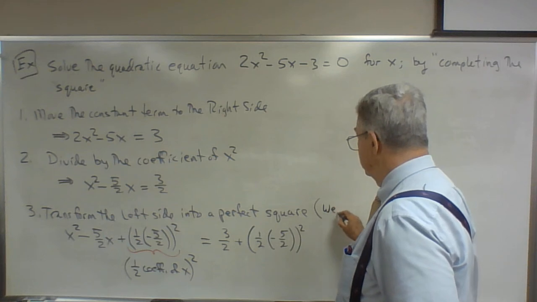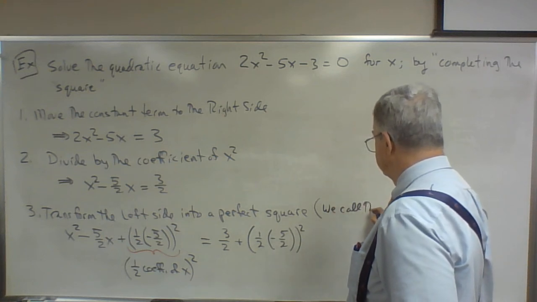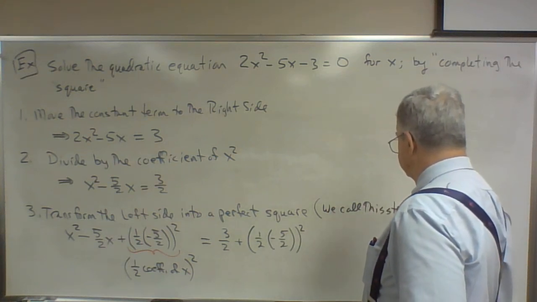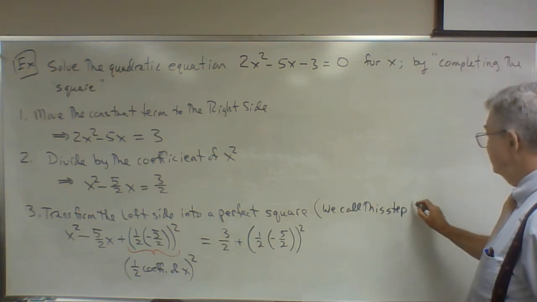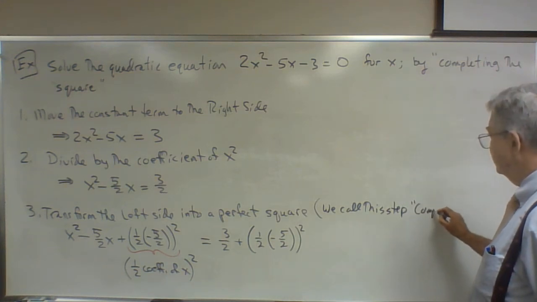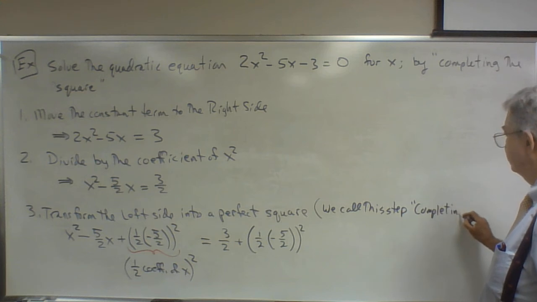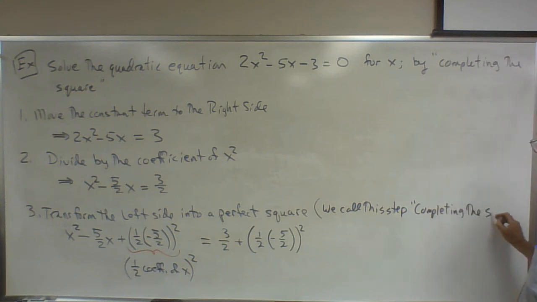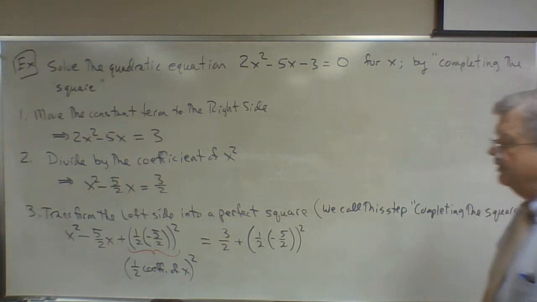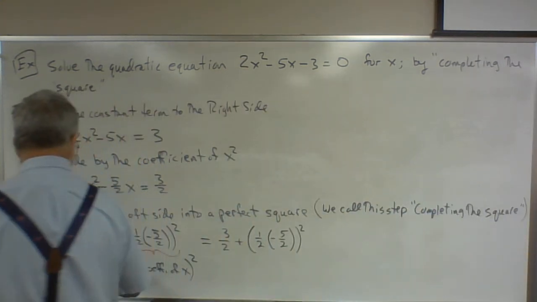So just as a note, we call this step completing the square. In other words, we make the left-hand side a perfect square.